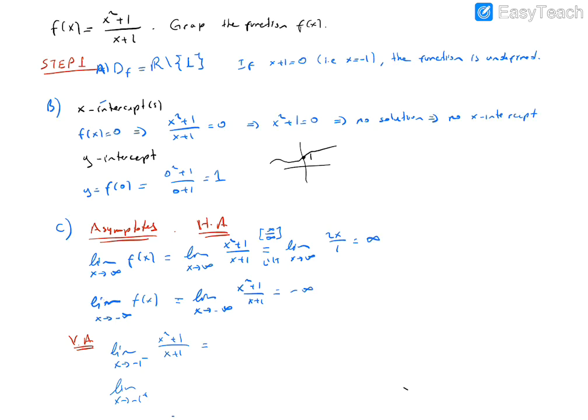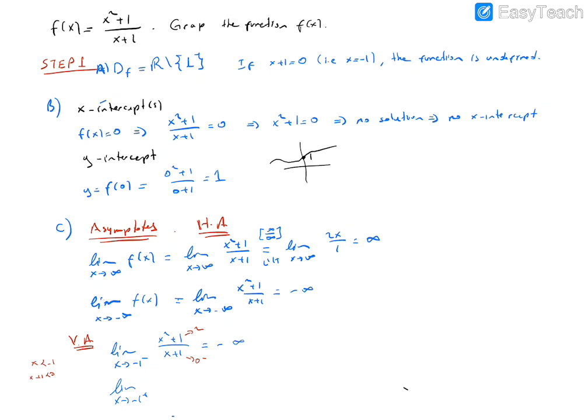Here the numerator goes to 2, the denominator goes to 0, but when x is less than minus 1, x plus 1 is less than 0, so it approaches 0 from the left side, so 2 over 0 goes to minus infinity.